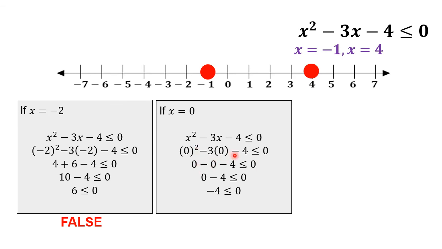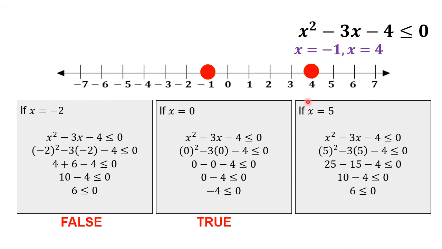Minus 3 times 0, that is 0. Minus 4, is it less than or equal to 0? So, 0 minus 0, that is 0. Minus 4, that is equal to negative 4. And negative 4, is it less than or equal to 0? Okay, that is true. Okay?